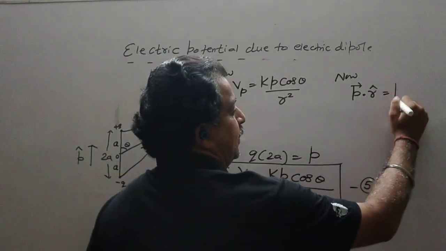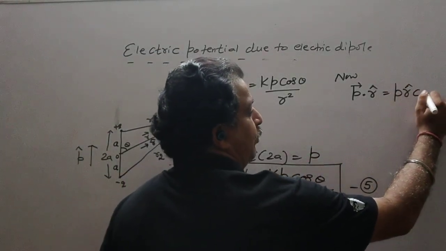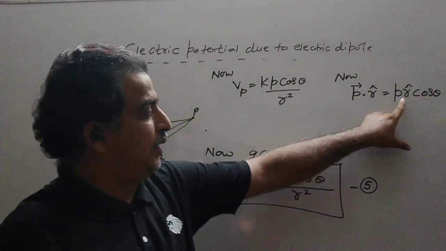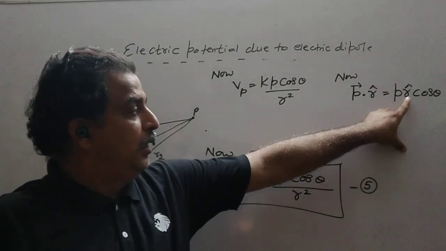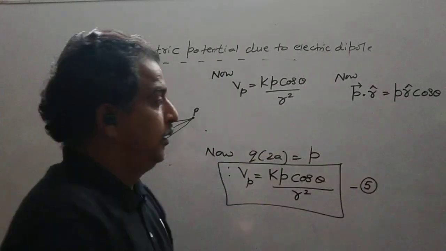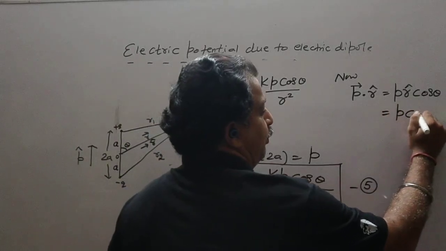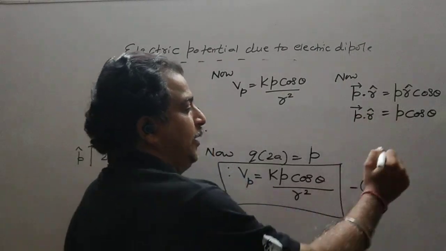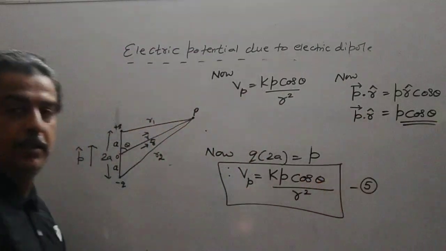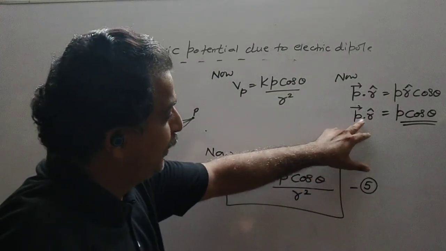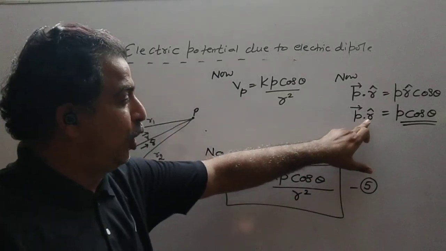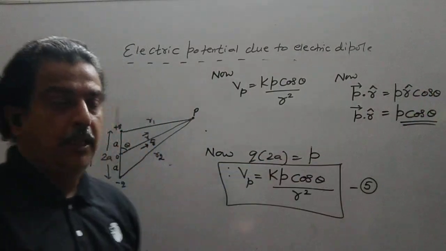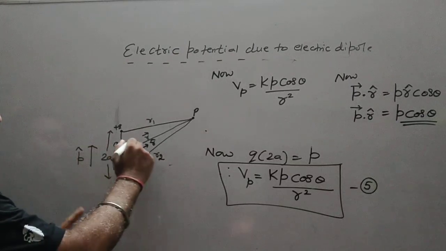This can be written as P R cap cos theta, that is A dot B is equal to AB cos theta. Now the magnitude of R cap is 1, so this can be written as P cos theta. So in the place of P cos theta, I can write P dot R cap, where R cap is a unit vector. When I write theta, it should be the angle between P vector and R cap.